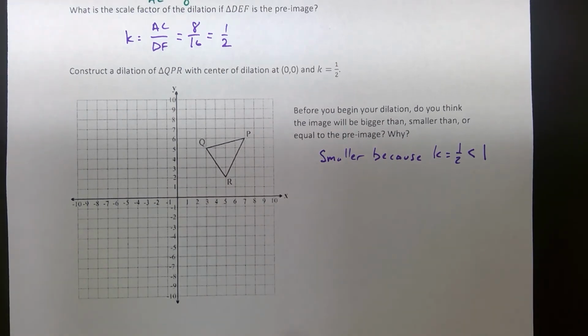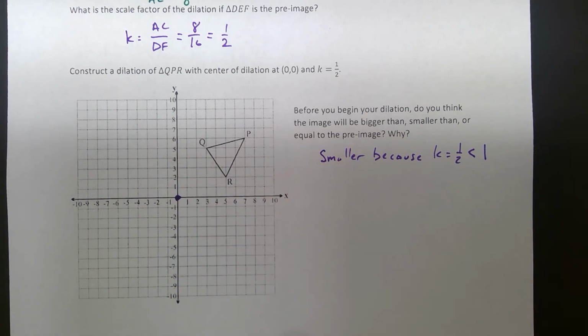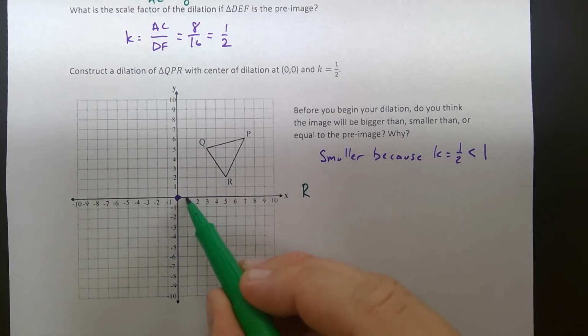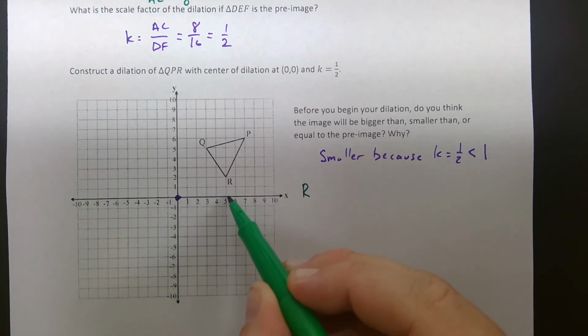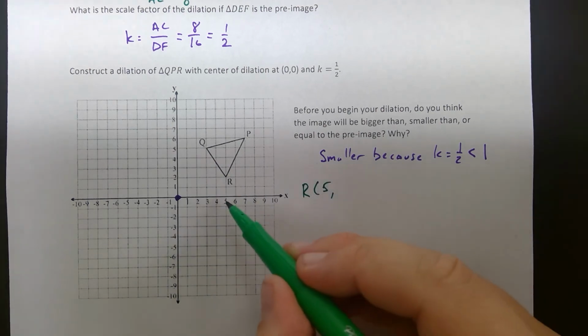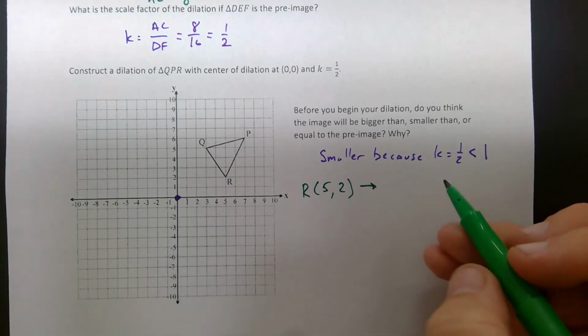So let's go ahead and do our dilation here. So let's point out where our center of dilation is, 0, 0. So let's start with point R. So for R, I'm going to go 1, 2, 3, 4, 5 in the x direction, x comma y, up to 2, and then I need to transform it.